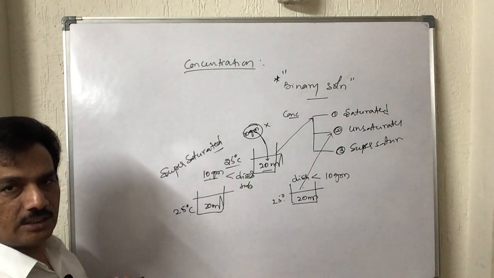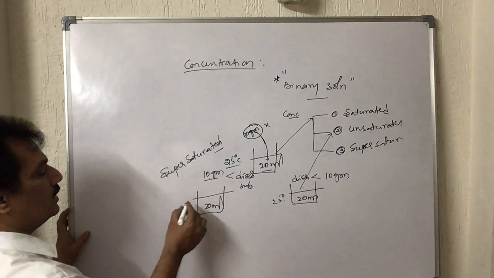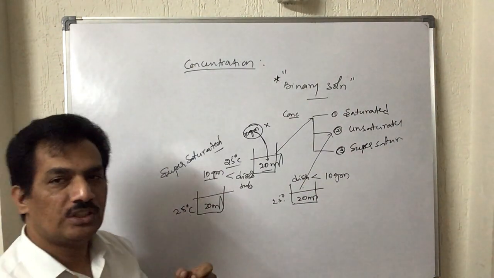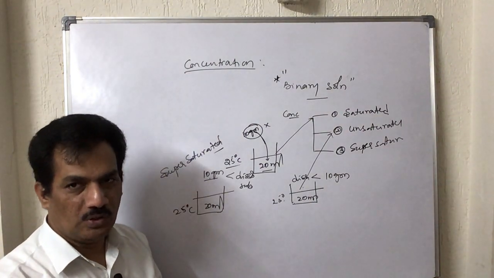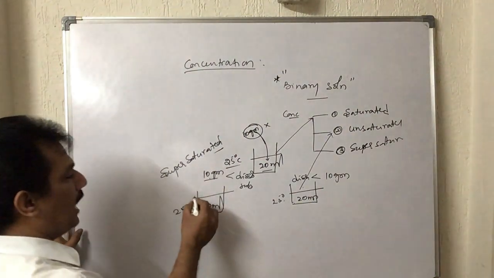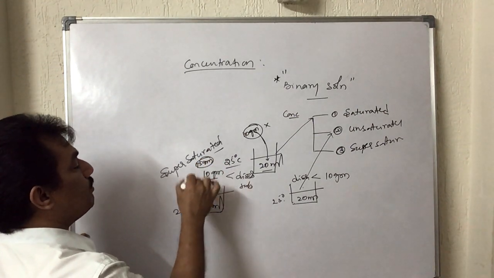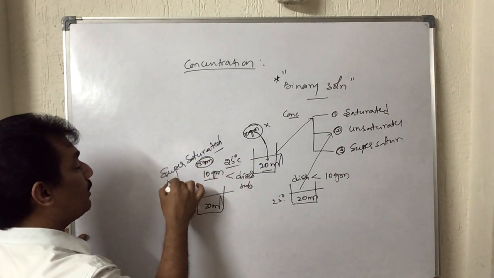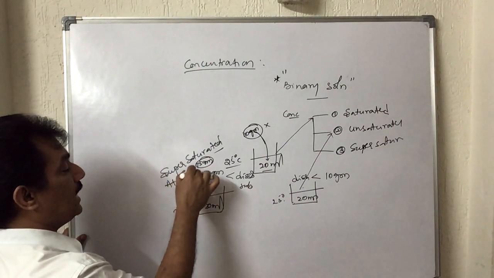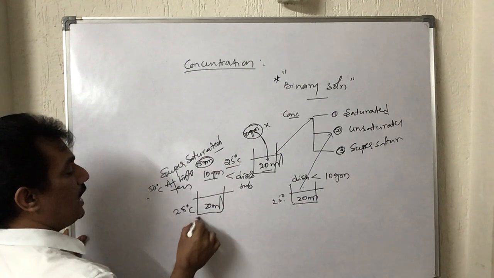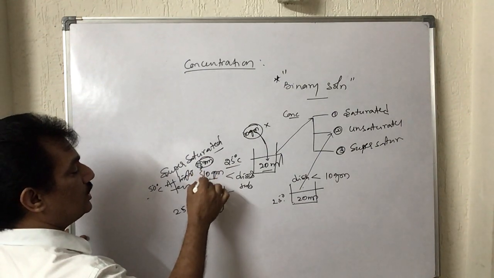But here, I am slowly heating the solution. You know, when the solution is heated, more and more solute can dissolve. Like that, 15 grams, for example, is made to dissolve at high temperature, say at 50 degrees centigrade.